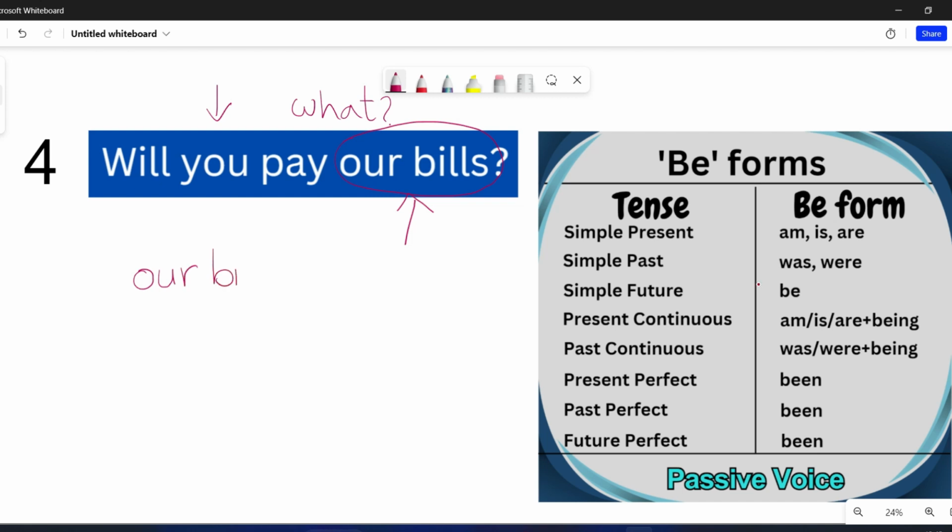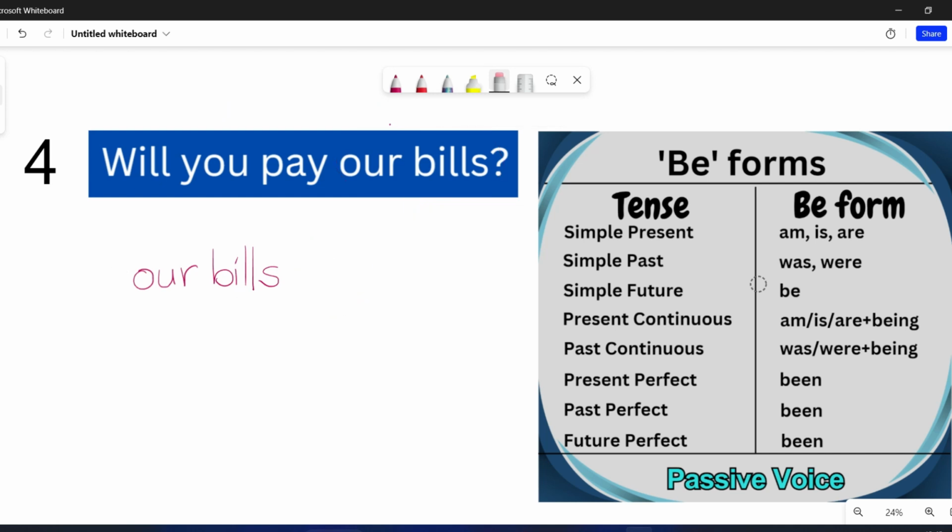Our bills. Now what do we usually say in regular sentences? We say our bills and then we say will, and this is a modal verb. So we use be and then V3. But what we change here is we move this will to the beginning. Okay, so let me erase this so that you don't have any confusion here.